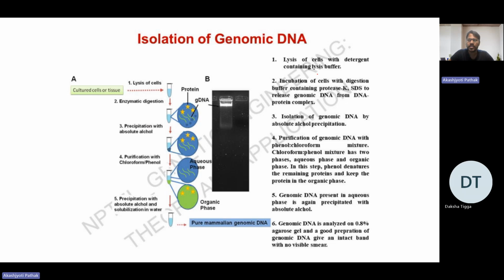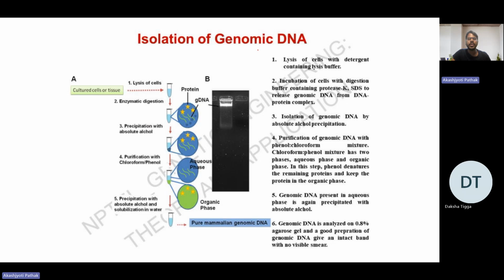For isolation of the genome, you will first need to lyse the cell. So how do you lyse the cell? You treat it with detergent containing lysis buffer, and then the cells are incubated with the digestion buffer containing protease K and SDS. After you have lysed the cell, you treat the cell lysate with this protease K and SDS.